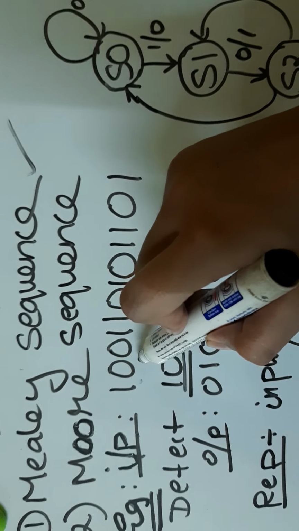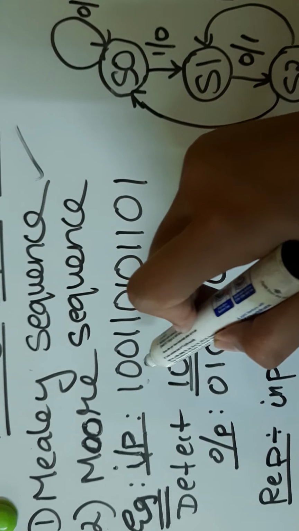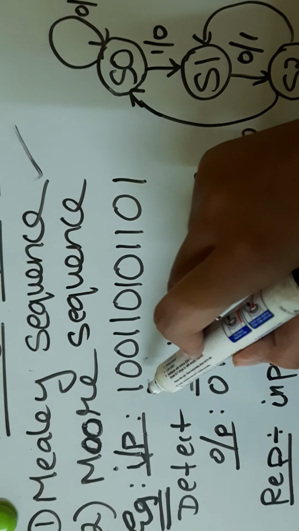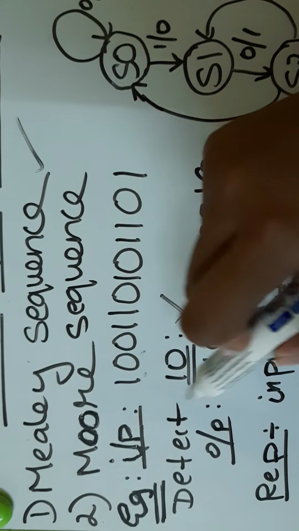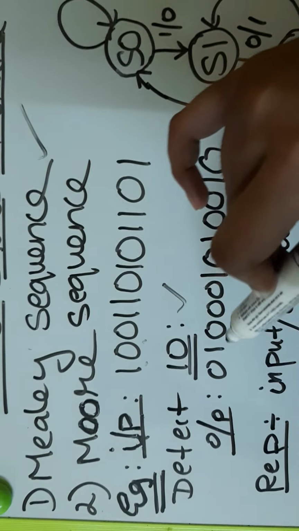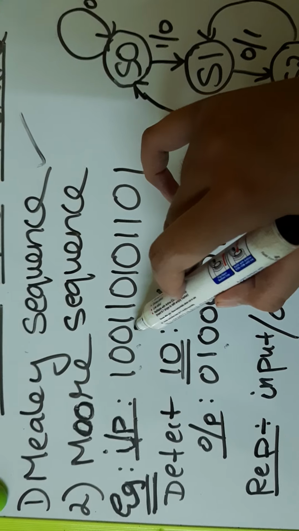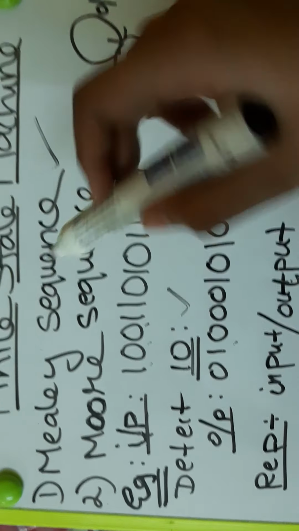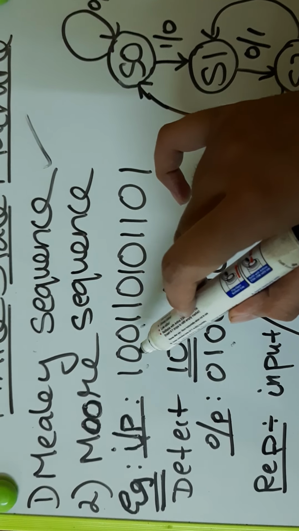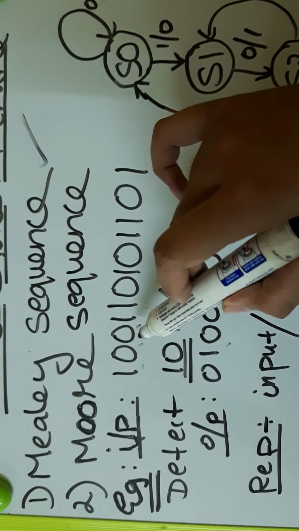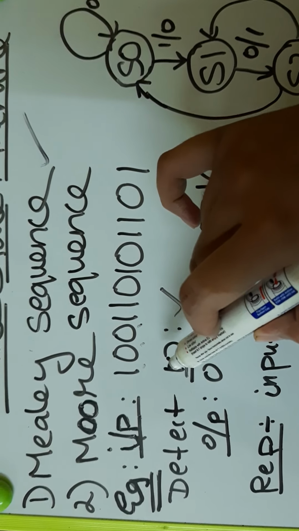Next, if my input is 0, now our previous value was 1. So 1, 0 and 1, 0 both are matching. So now my output will become 1. Next, my input is 0, but my previous value was 0. So that becomes 0, 0 and doesn't match 1, 0.